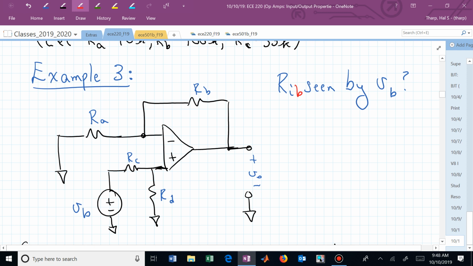Let's say R sub I sub B seen by V sub B. Can my formula for R sub I sub B be the same as it was in example 2? Isn't it still supposed to be V sub B over I sub B? That's R sub I sub B.